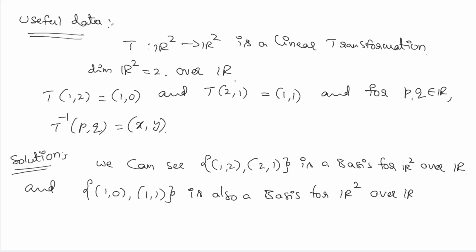So by using that proposition, we can say T is bijective. That means T inverse is a linear transformation from R square to R square.